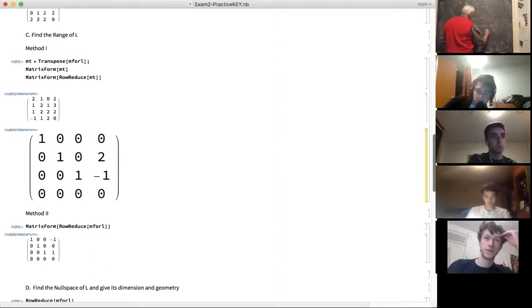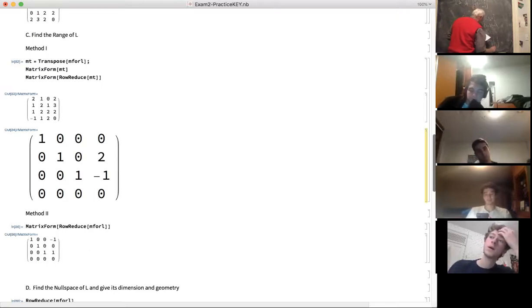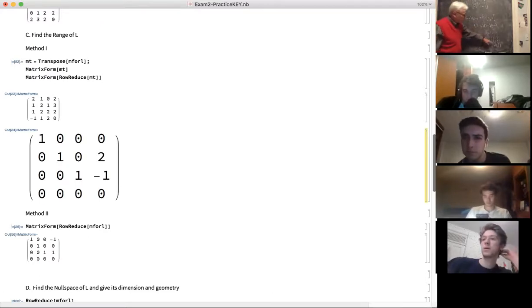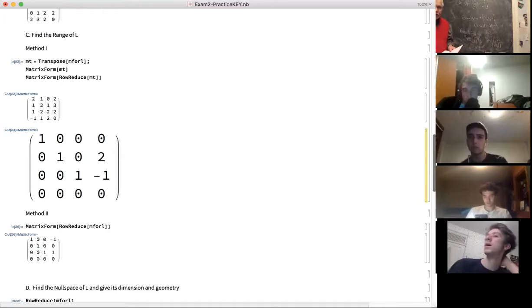And the eigenspace for lambda equals 1 is equal to the span of 1, 1, 0. So the geometric multiplicity of 1 is only 1. This is a dead end for us.